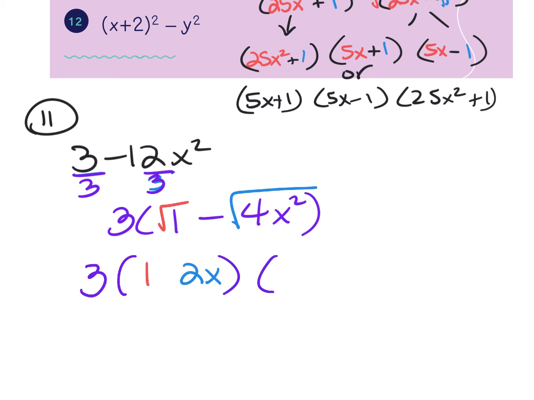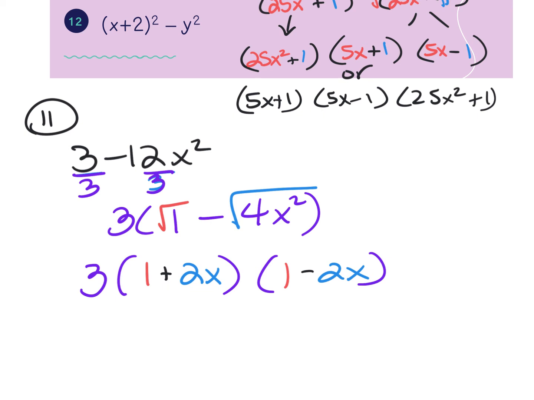And then same thing here, 1 and the 2x. And again, 1 gets a plus sign, 1 gets a minus sign. And I'm done. And again, if you would have written the 1 minus 2x first behind the 3, that works as well. But you need to remember to include the GCF out front.